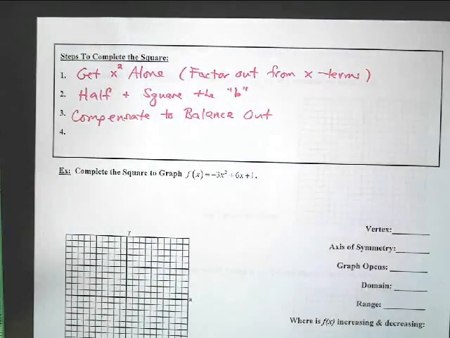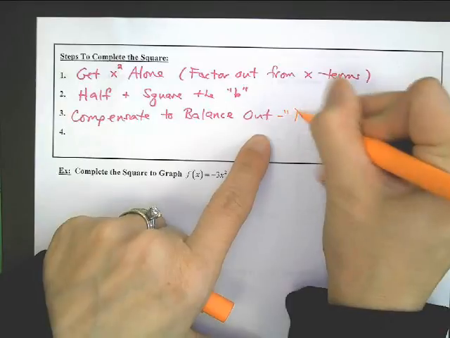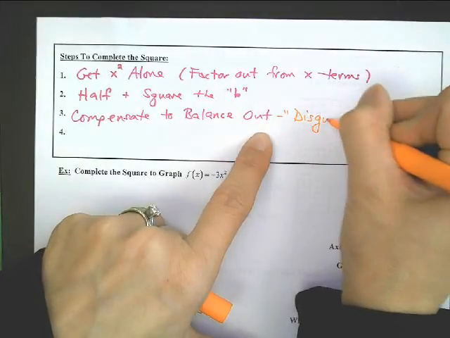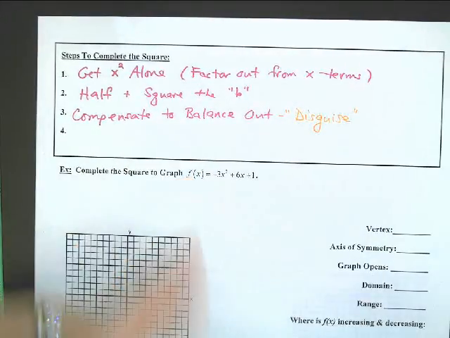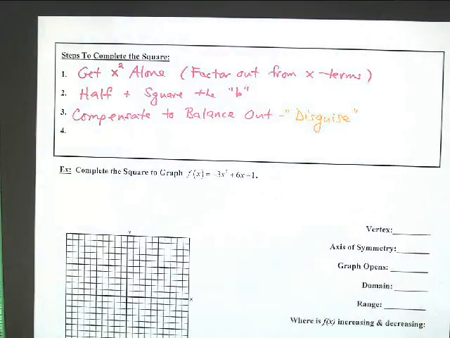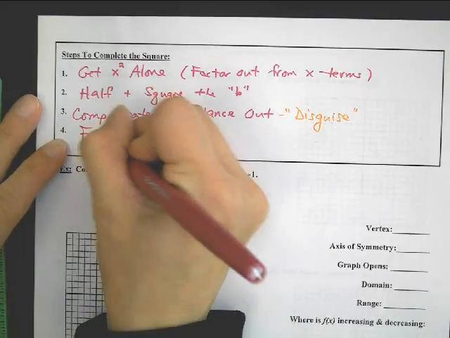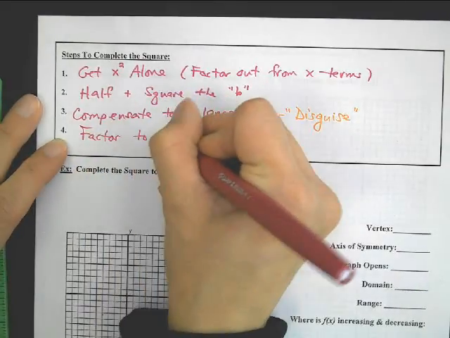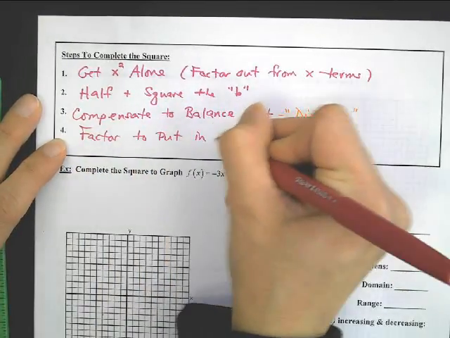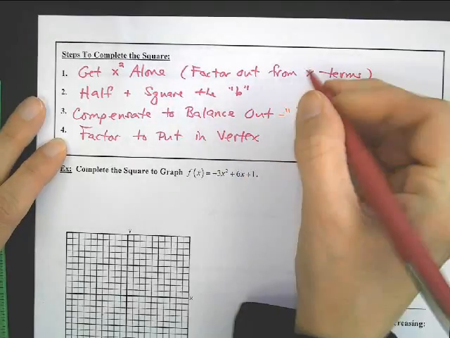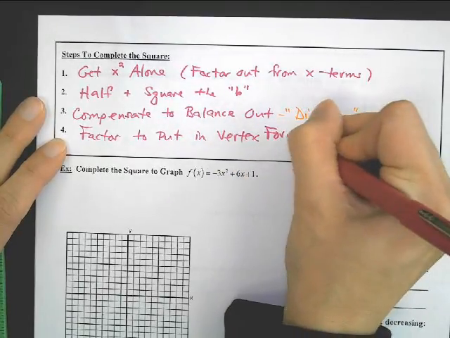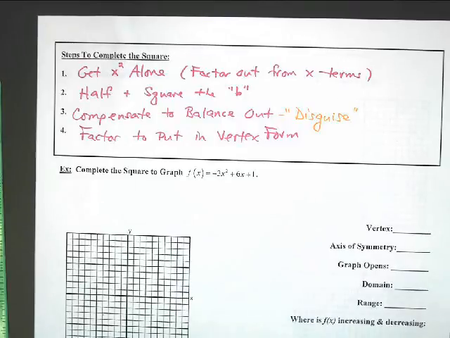Okay, but when you're doing this, let's just pull a note here. Make sure you look for the disguise. The number might be in disguise, as in that last example that we did. And then the final step is to factor to put in vertex form. And the factoring should always be very easy because you should have made a perfect square trinomial.